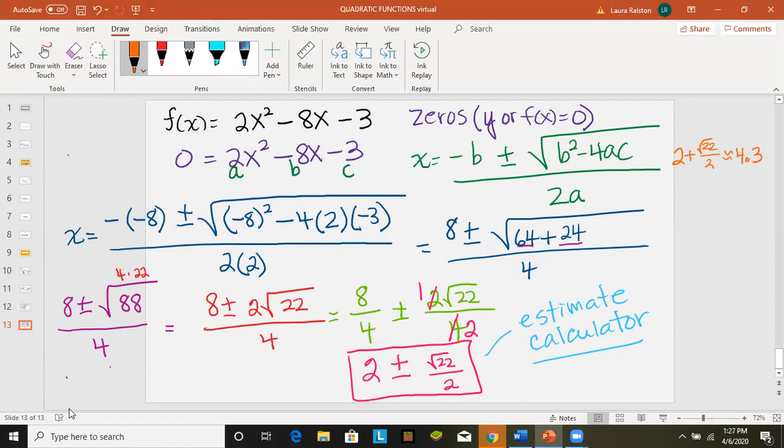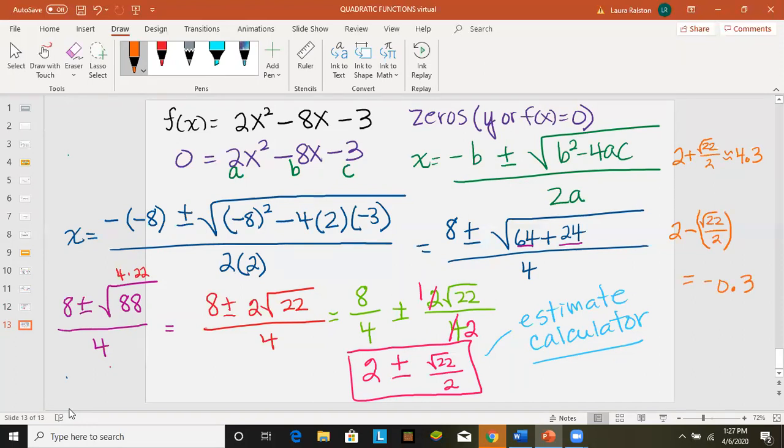And then I'm going to turn around and type 2 minus square root 22/2. Guys, what I'm having to do when I put this in the calculator is put parentheses around that square root part. So 2 minus parentheses square root 22, out from under the radical, divide 2, close the parentheses, and I get negative 0.3.